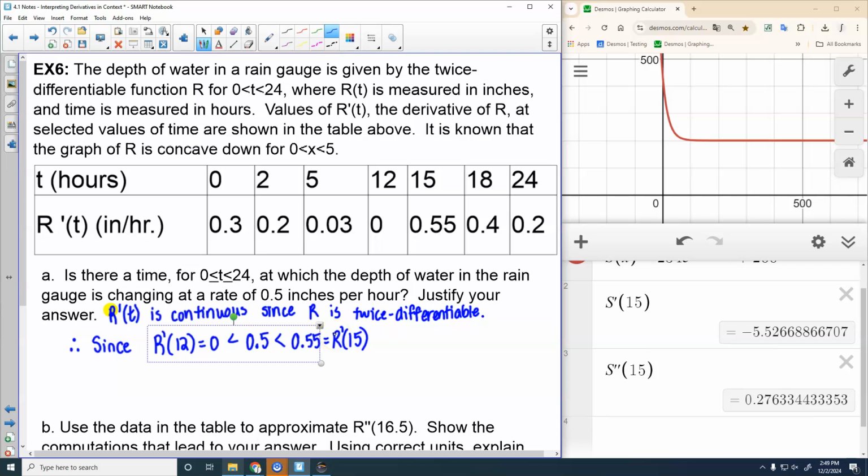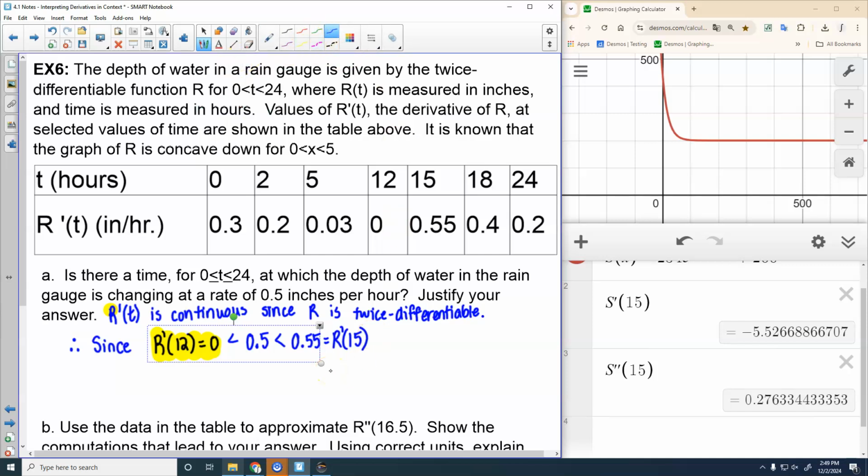Now, this part right here, R prime of 12, you can literally use any other point on this graph except for R prime of 15, right? So that could change there, and you can still have it right.